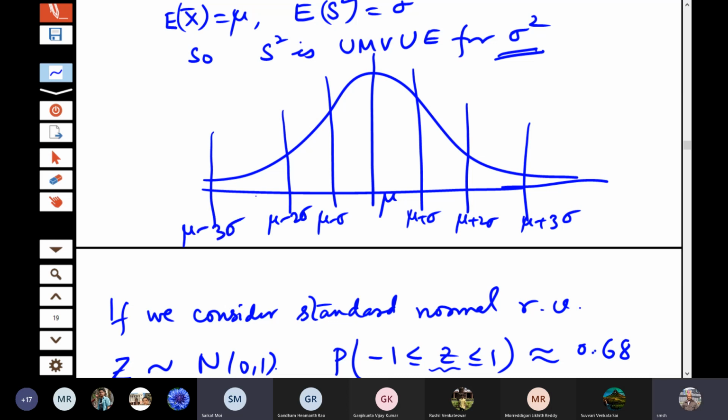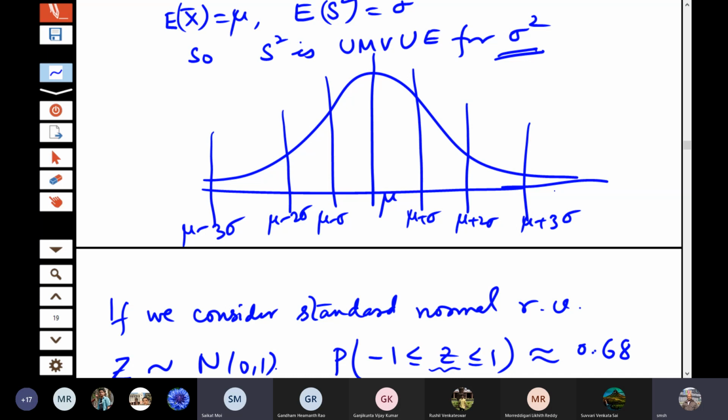So what I am trying to get at, from the inference point of view, what is important in this particular description? Why are these things important?